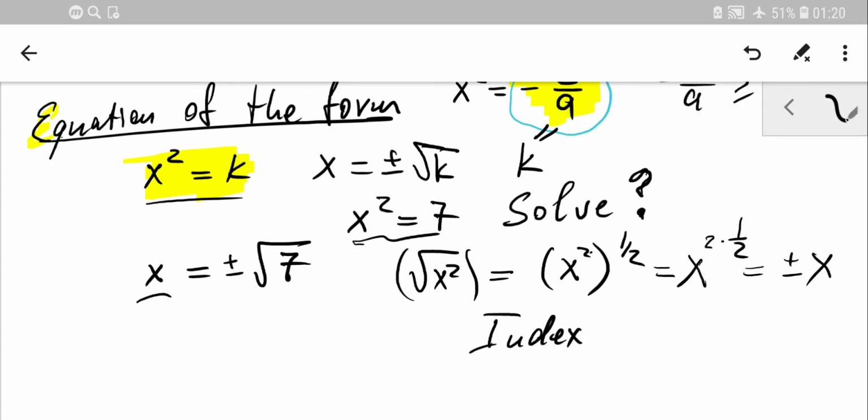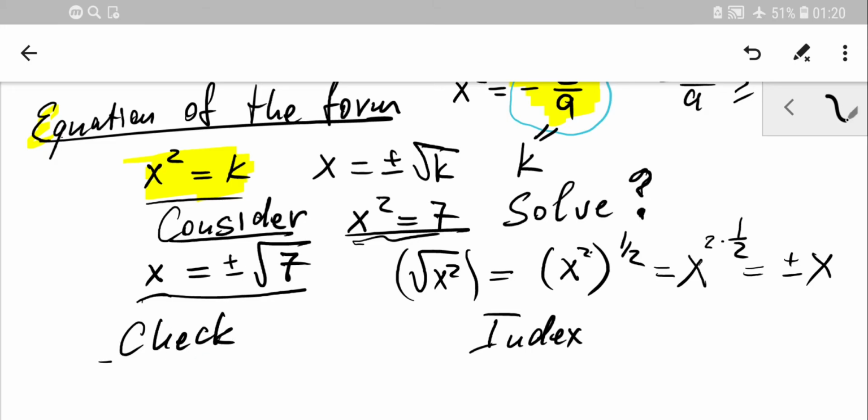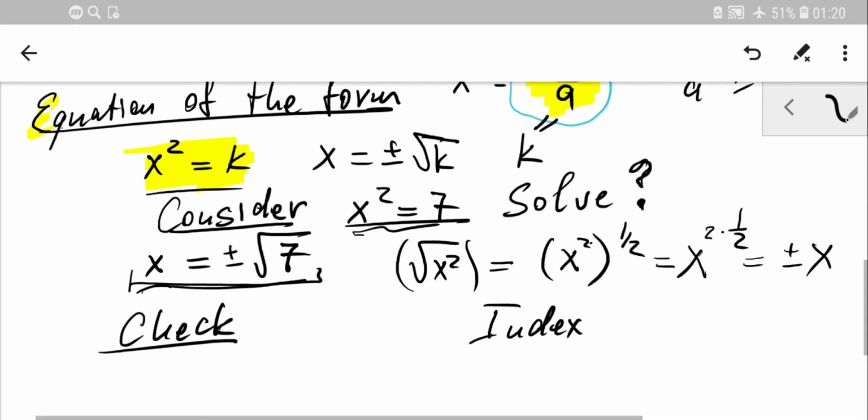Okay, so first of all, let's prove in this example why square root of 7 fits as well as negative square root of 7. We can just try to check it. We're considering x squared equals 7, and now we want to check whether this solution is a real solution for our equation.